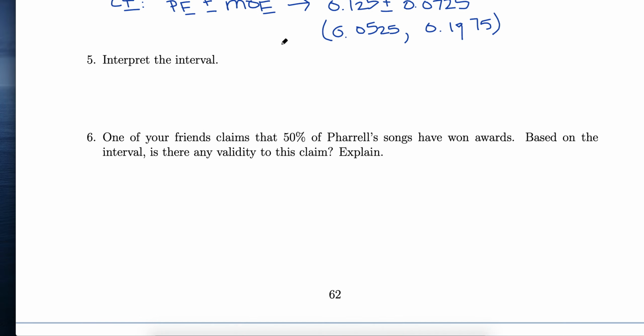So let's interpret this here. For the interpretation, make sure you're actually writing out a sentence. Interpret means interpret, don't do any math. I'm going to be looking for three things. First thing is just state how confident you are. So I'm going to say we are 95% confident.